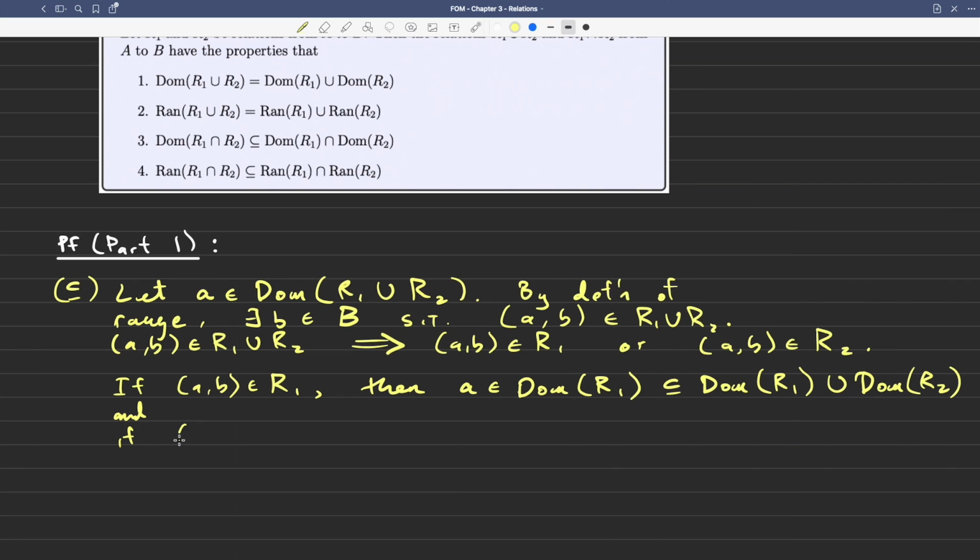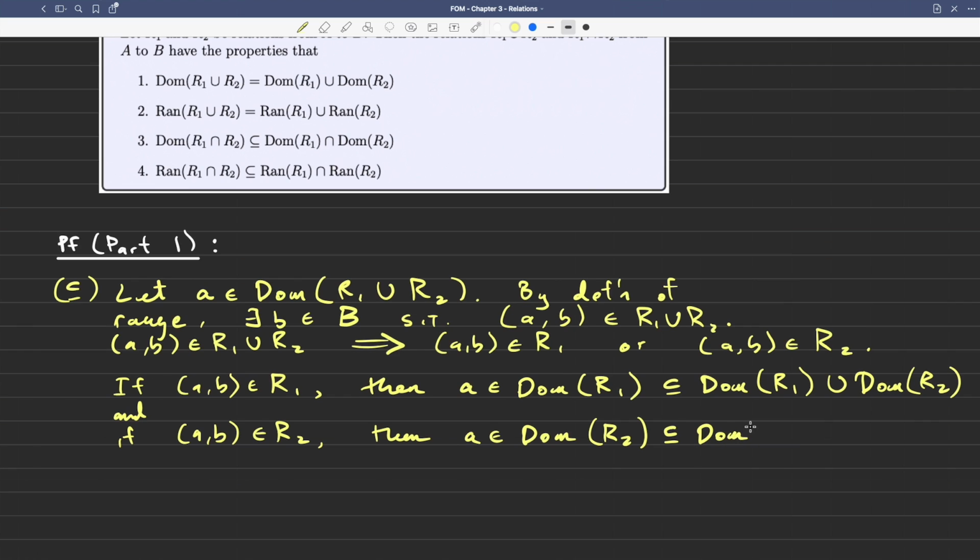And if little a comma b is in R2, we have a similar sort of thing. Then little a is in the domain of R2 in that case, because a is a first component of an ordered pair that appears in R2, but that domain of R2 is certainly in the union of domain of R2 with some other set.